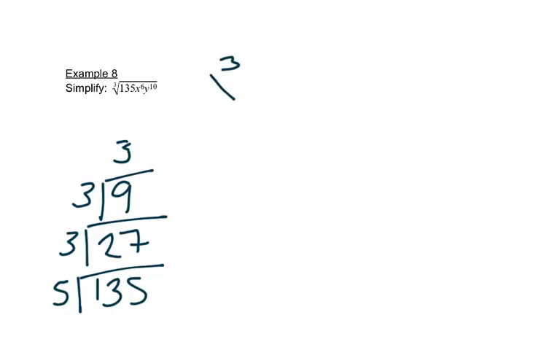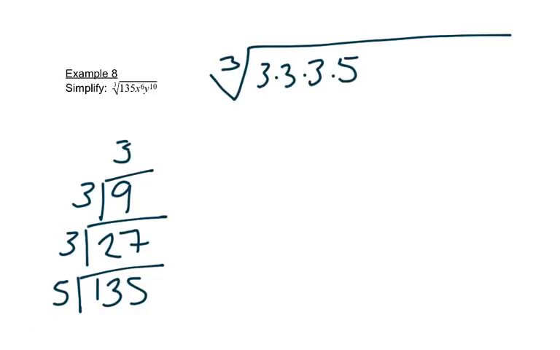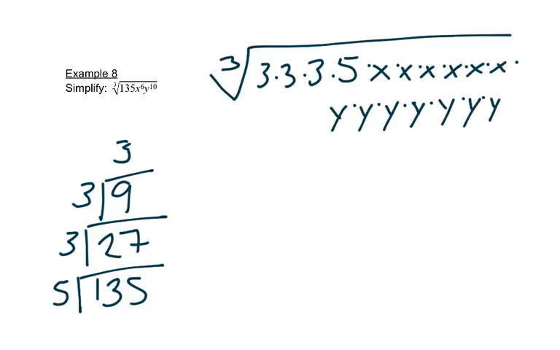So I have the cube root of, and I'll write these in number order, so 3 times 3 times 3 times 5. And then I'd have 6 x's and 10 y's.